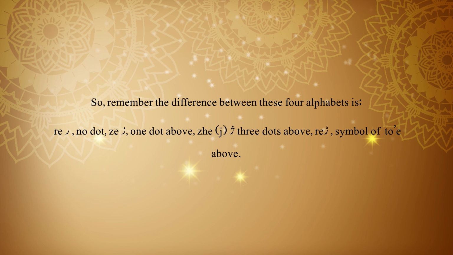By these dots and by this symbol, we are able to identify these alphabets. We are able to separate them from each other by dots. Re, no dot. Z, one dot. J, three dots, and De, symbol of toy. Okay.